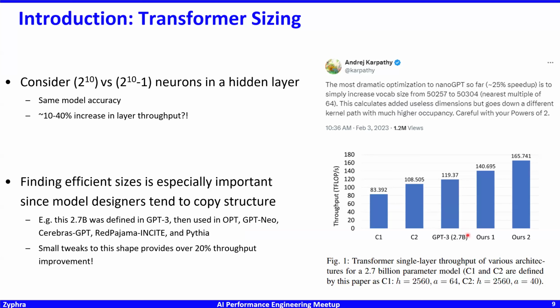These are all 2.7B models, but with small roundings here and there, you can increase your throughput significantly. For example, we get 165 teraflops, whereas the original GPT-3 paper got more like 120, and in some worst cases you can get 108, 83. Same model, same total size, but just small roundings here and there. Why does this happen?